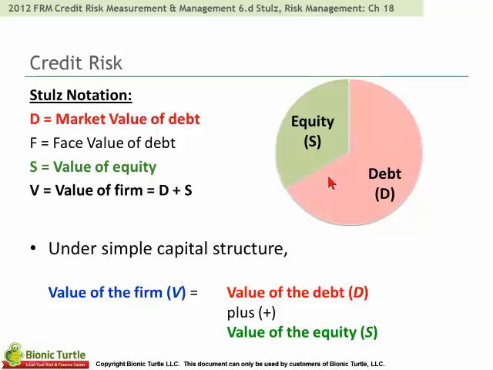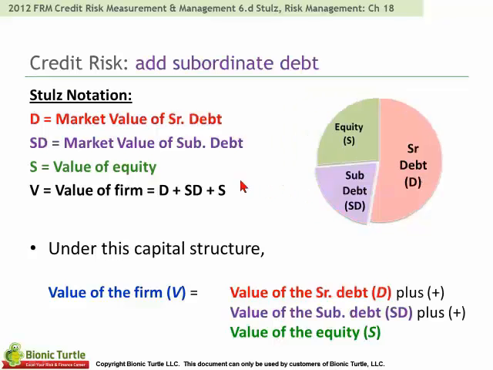So this is the right-hand side of the balance sheet, so to speak, and you'll recall that the central insight of the Merton is treat equity as a call option on the firm's assets. That is to say, if the shareholders pay off all of the debt, i.e. exercise their strike price, they will own the firm's assets.